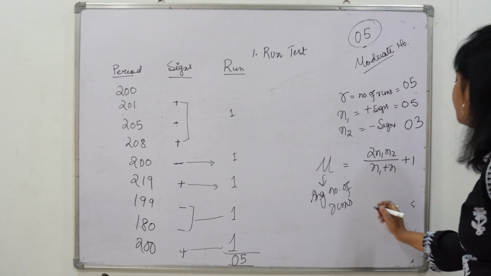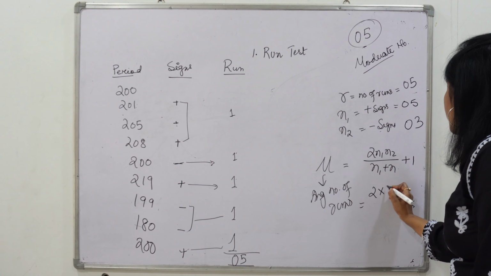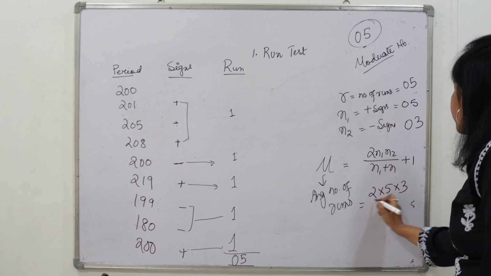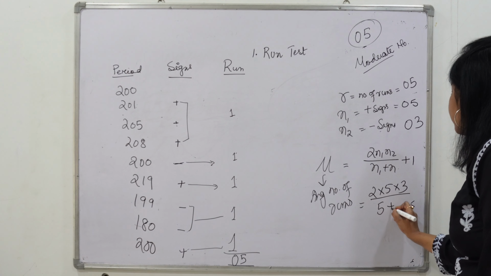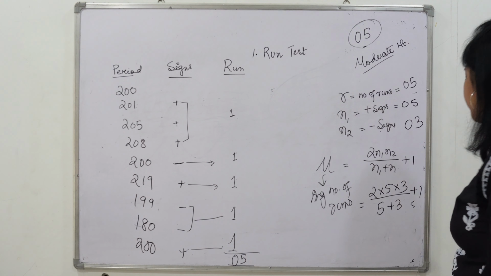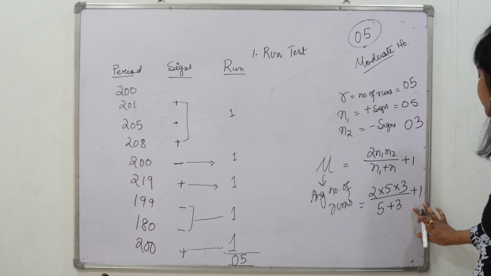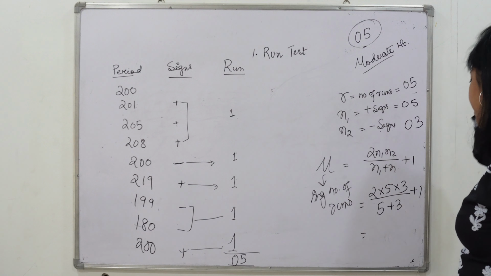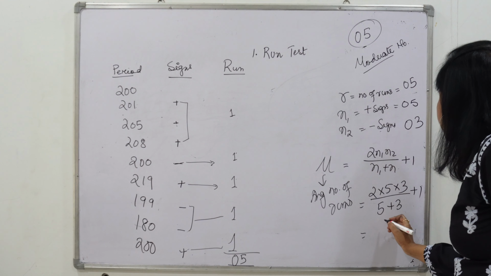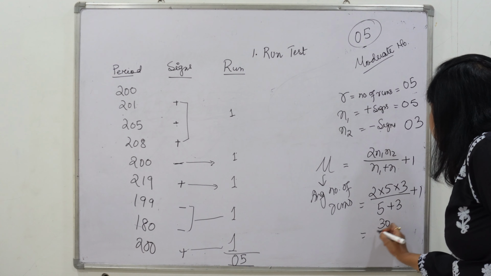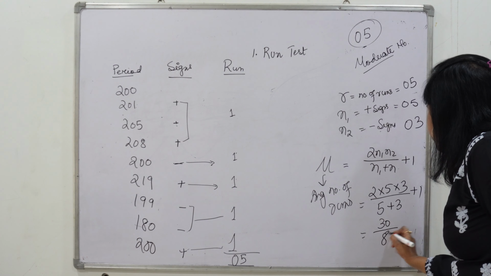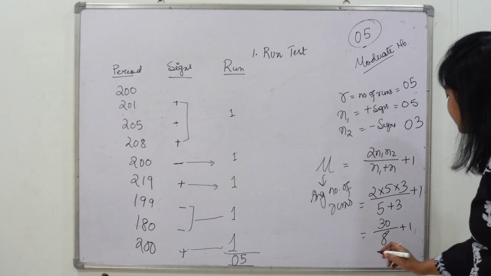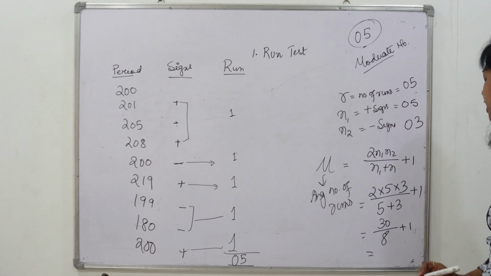So we put it in the formula. So 2 into 5 into 3 divided by 5 plus 3, plus 1, right? So if you simplify, 5 2s are 10, 10 3s are 30, divided by 8 plus 1. Let's see how much it comes to with the help of a calculator.